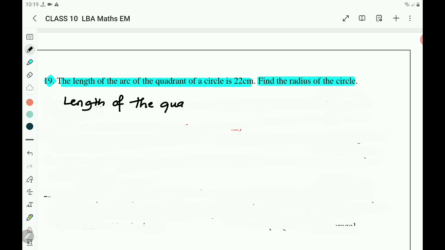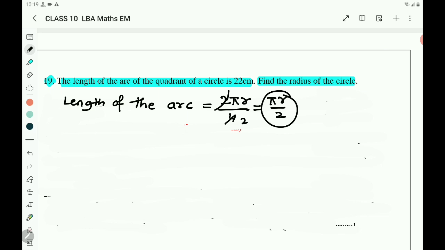Length of the arc of the quadrant, or you directly write length of the arc, and it is a quadrant, means 2 pi r by 4, which is equal to pi r by 2. 2 ones are 2, 2 twos are, so you got pi r by 2. That is equal to 22 centimeters.